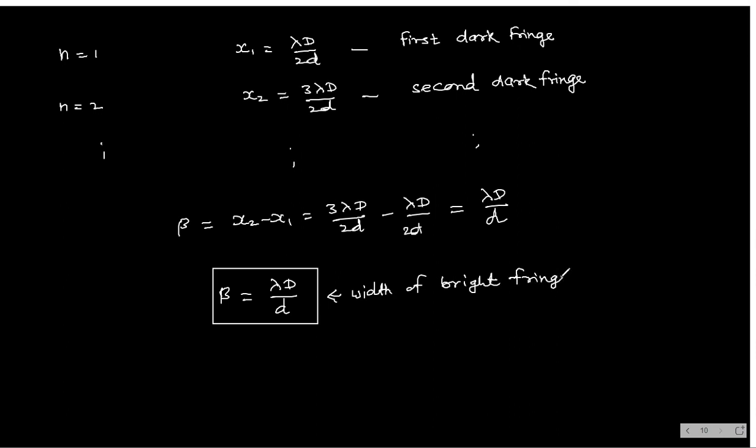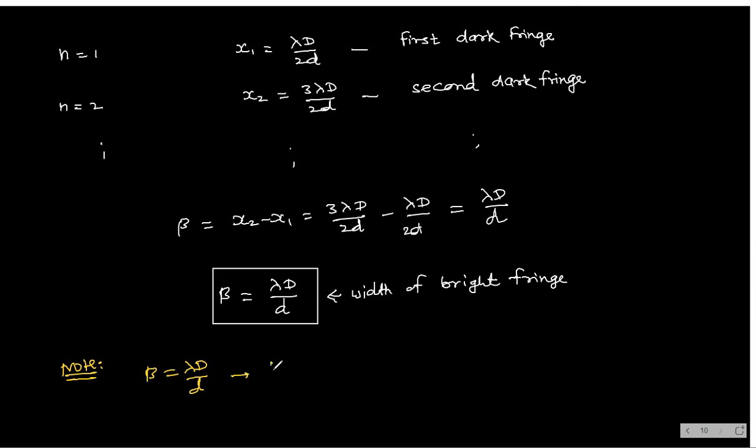I have shown one diagram also. And see here, the last one. Note point. Beta is equal to lambda D by small d.